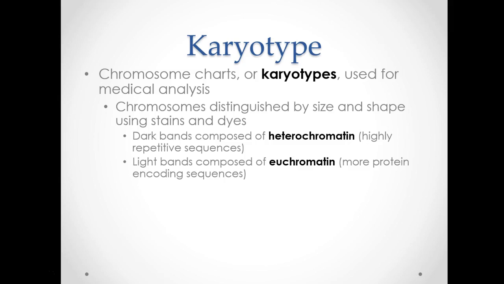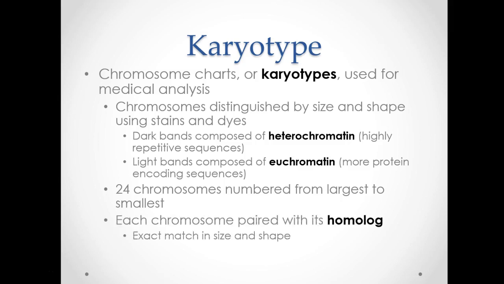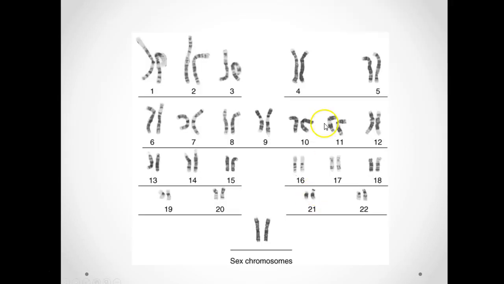This is called euchromatin. So we would take our chromosomes, again, we would number them from the largest to the smallest, and then we pair each with its homologue, and this is what it looks like. We've got chromosomes number 1, 2, 3, 4, and you can see all the way down to, technically, chromosome 21 pair happens to be the smallest pair, but pair 22 is fairly small as well.